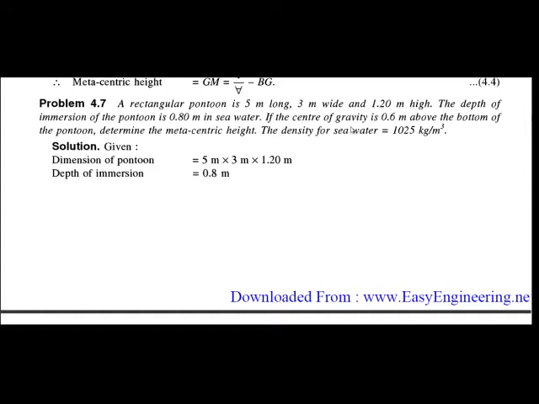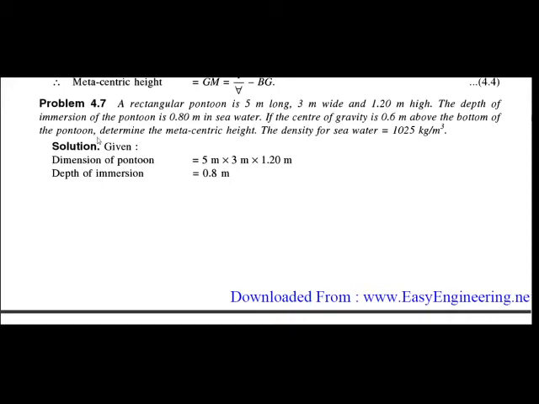If the center of gravity is 0.6 meter above the bottom of the pontoon, determine the metacentric height. The density of the water is 1025 kilogram per meter cube.